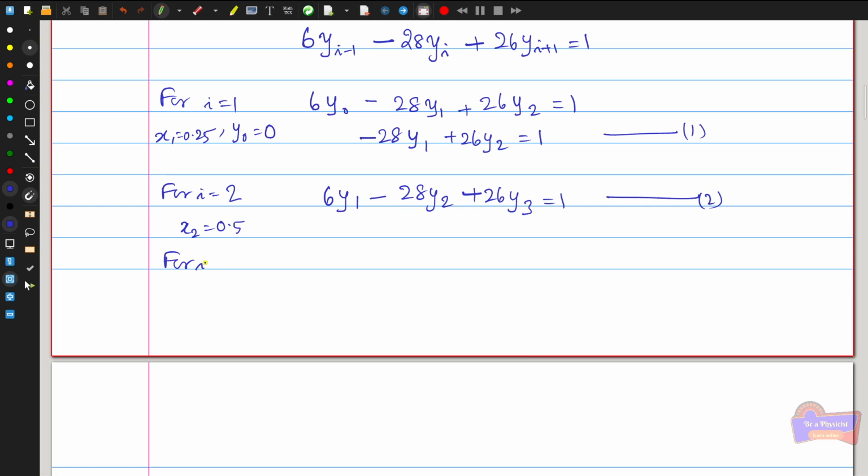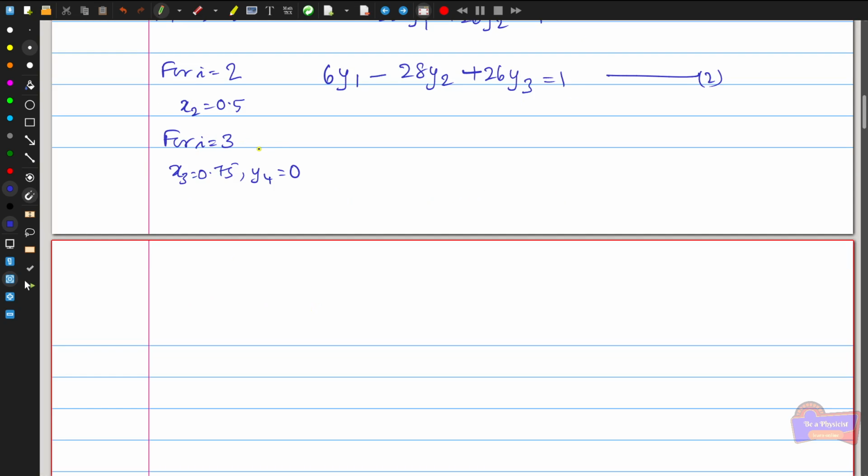And for i equal to 3, that means x3 is equal to 0.75, and I have the value of y4, which is equal to 0. So if I substitute i equal to 3 into this equation, 6y2 minus 28 y3 plus 26 times y4 is equal to 1.